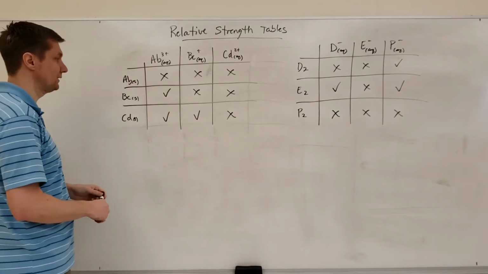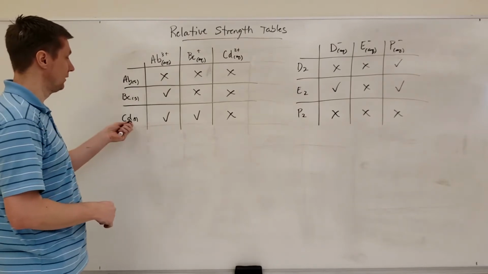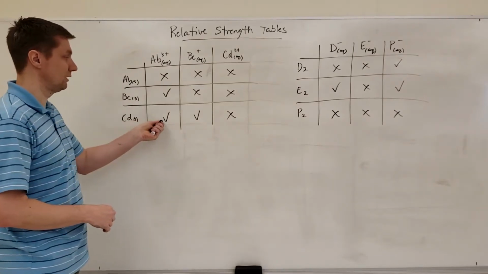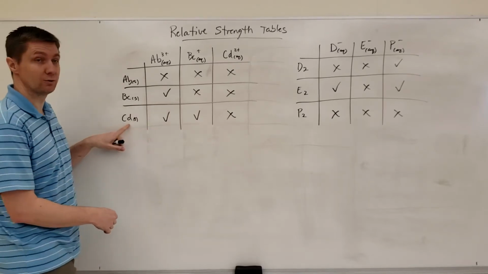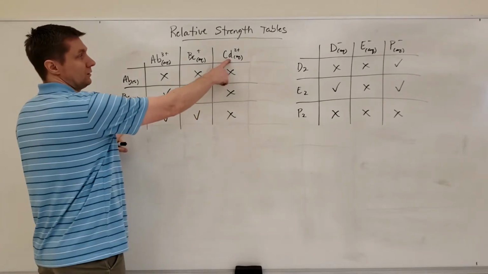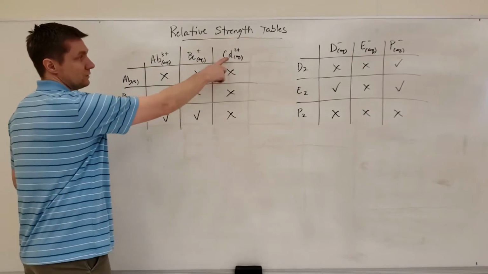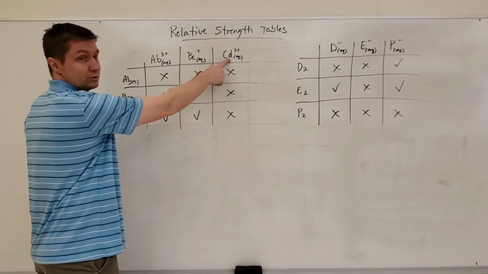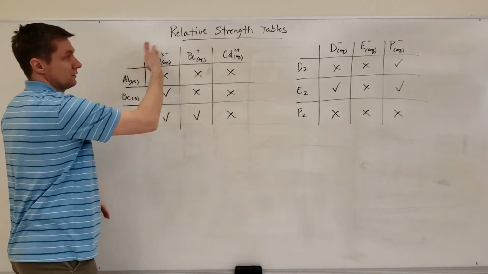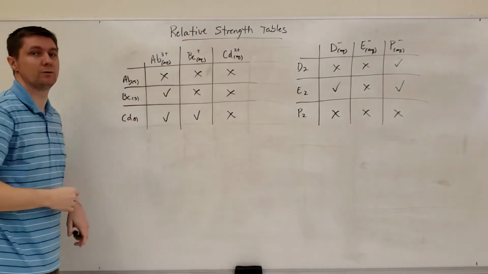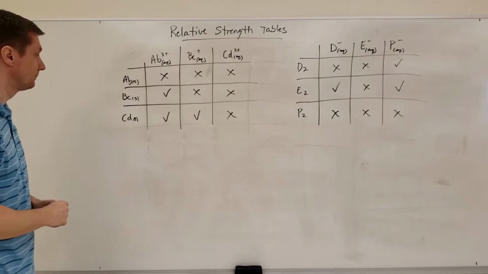First of all, I can see here that cadmium solid is my strongest reducing agent. I know it's a reducing agent because this turning into this is going to be reduced. So this would be my oxidizing agents up here. These would be my reducing agents down the side.